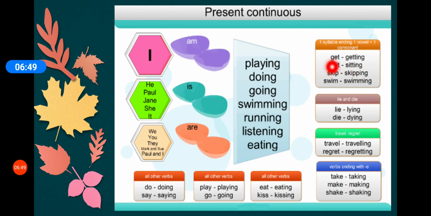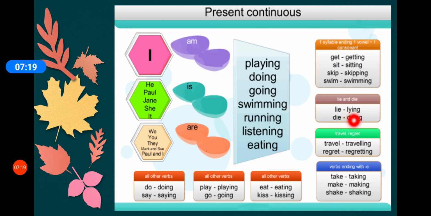Like get, getting, T is doubled. Sit, sitting, SITTING. Similarly, skip, skipping. Swim, swimming.